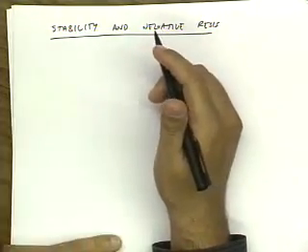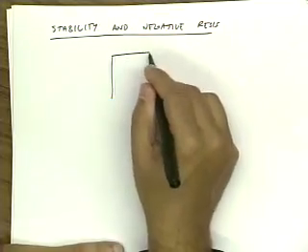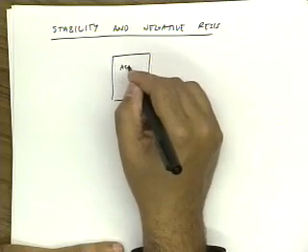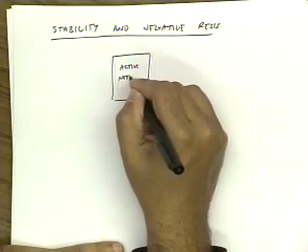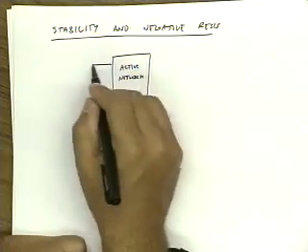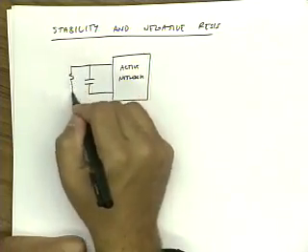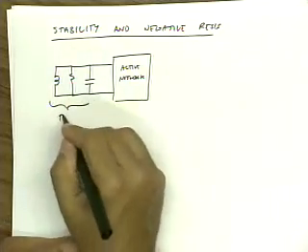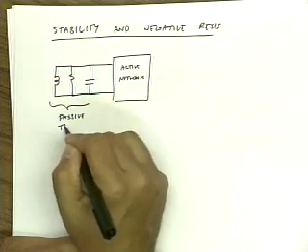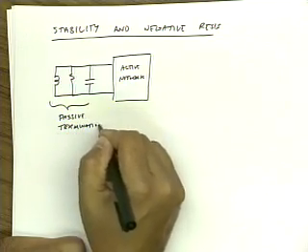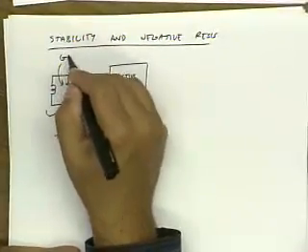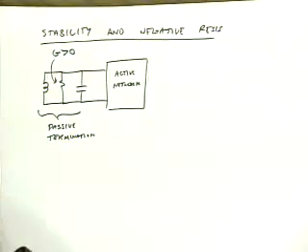So the idea is, I like to call something stable if I can take an arbitrary black box, let's say it's an active network, and I terminate it into some load. Could be like a parallel RLC load. It could be anything. So this is a passive termination. And more importantly, by passive, meaning that this is bigger than 0. Okay? Bigger than or equal to 0. Could also equal to 0.